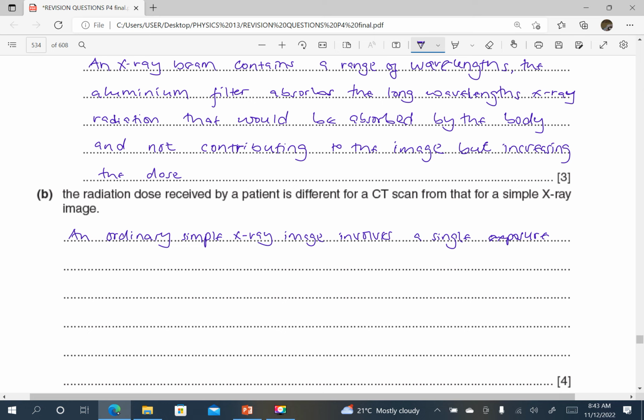But then for a CT scan, remember, it involves several X-ray images for a single slice, and there are always many slices to be investigated. So that means the exposure is much greater.